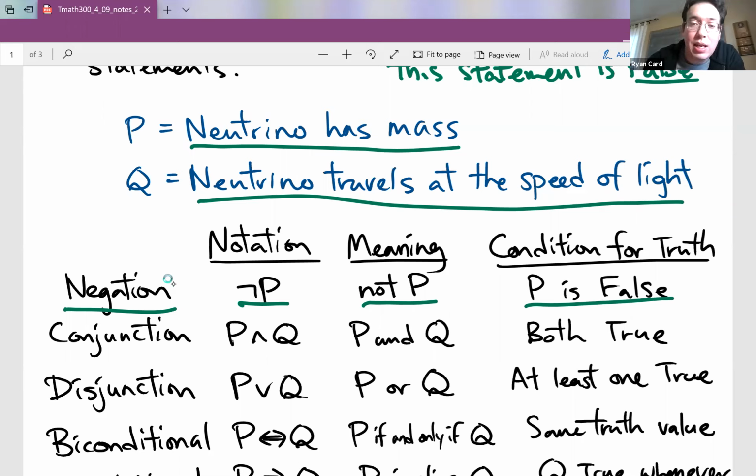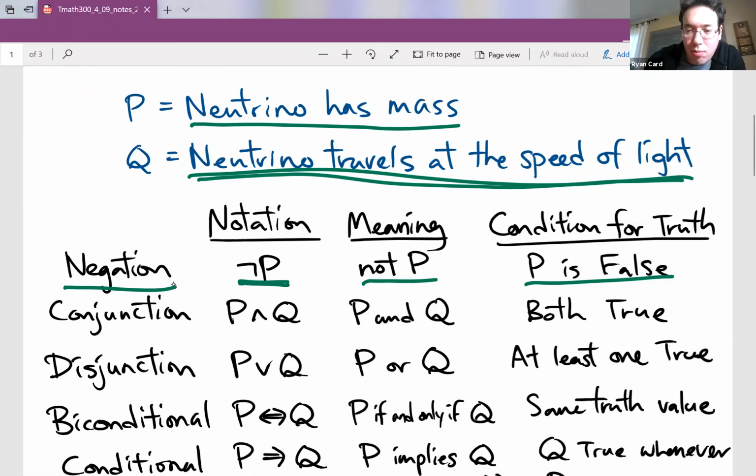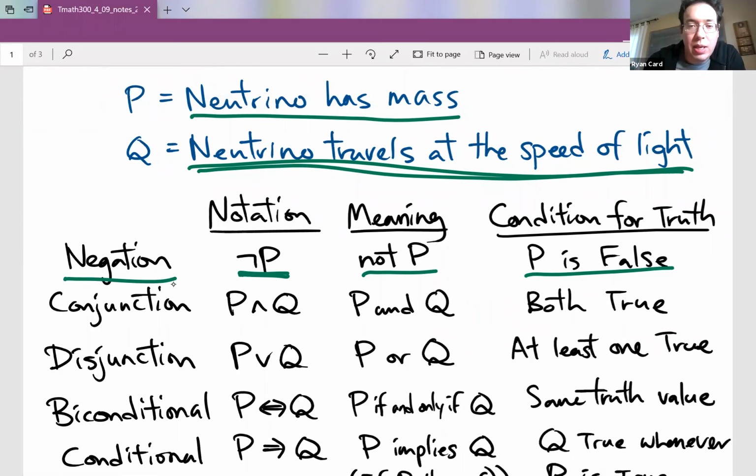So it flips the truth value of the statement P. In this example with the neutrino, not P would read something like neutrino does not have mass, or it's not the case that neutrino has mass. So that's a new sentence you can create from a previously existing statement. Or you could say neutrino does not travel at the speed of light if you write not Q. Okay, so that's simple enough.